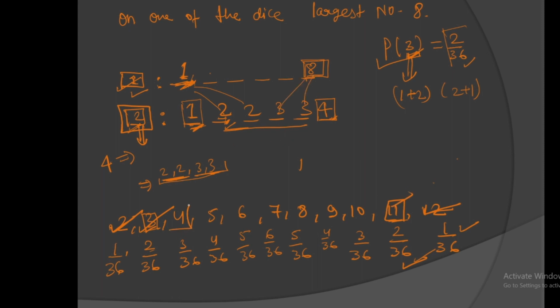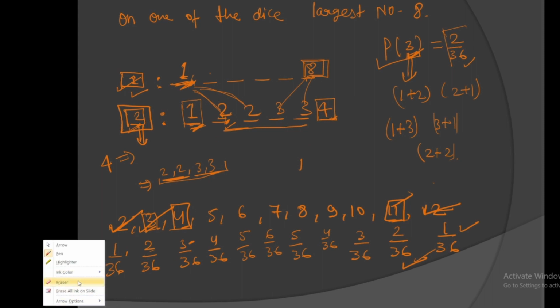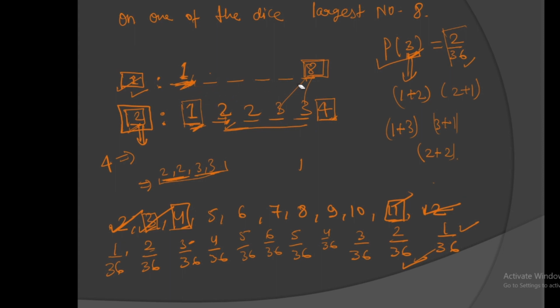Now moving on to the sum as 4, and we need 3 pairs, right? Sum as 4 can be generated by 1 plus 3, 3 plus 1, and 2 plus 2. Since the numbers are repeated, this pair and this pair are different.